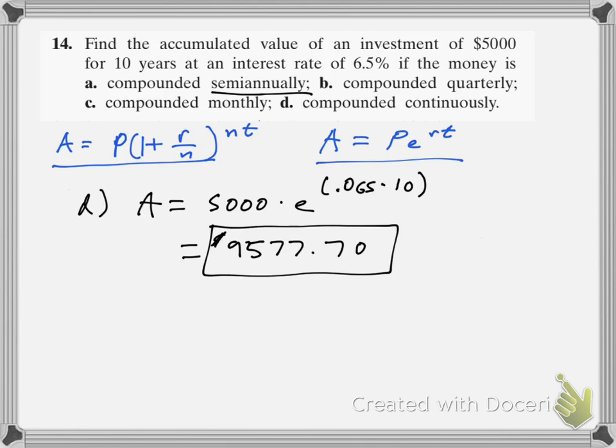And continuous compounding should always get you more money than the other ones. So actually it should be that for A, B, C, and D, the amount that you're going to have from the investment gets larger and larger each time because you're compounding it more often. The idea of compound interest, different than simple interest, is that when I put the money into the bank account and it compounds, and I get some money back, then when they refigure for the next period what I'm going to earn, they use the new amount that I have in there.